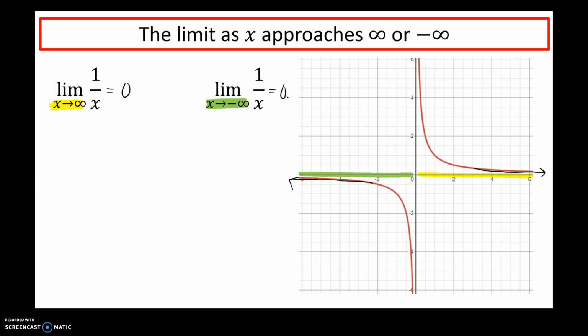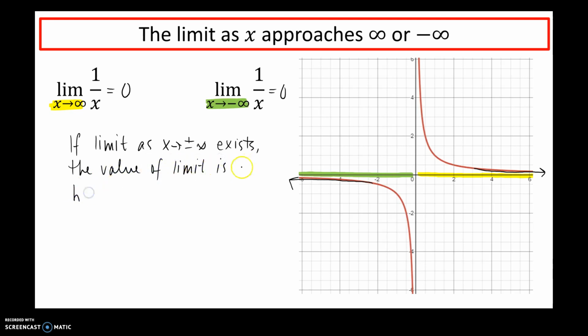Okay, so we're going to put a lot of things together throughout the next two units, but if the limit as x approaches positive or negative infinity exists, the value of the limit is a horizontal asymptote.